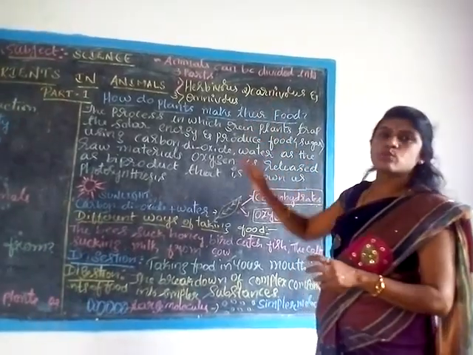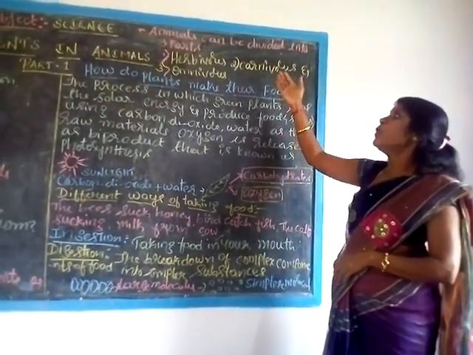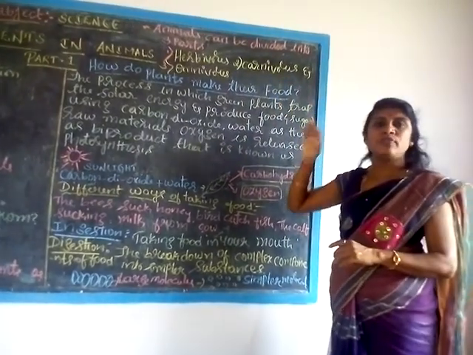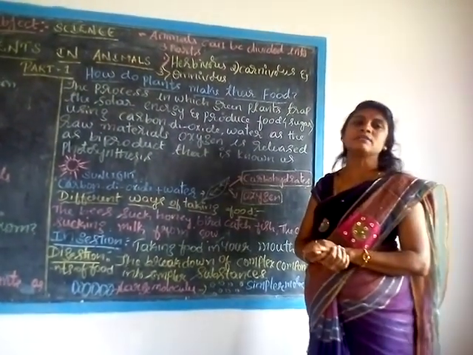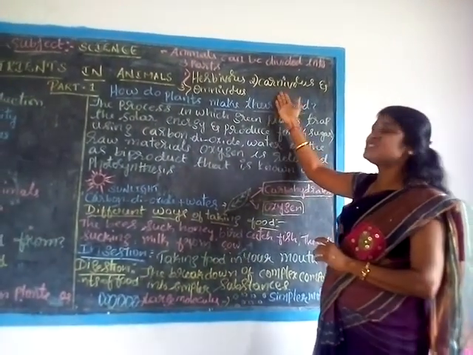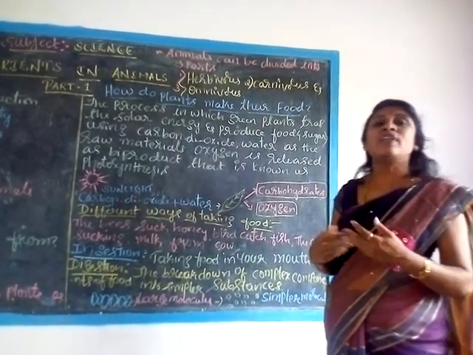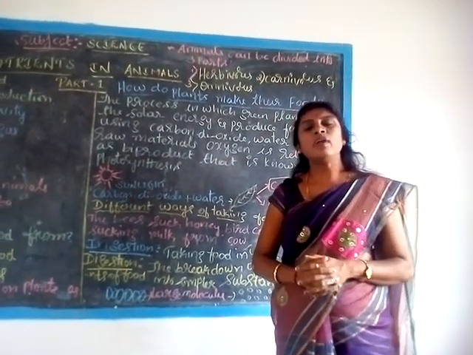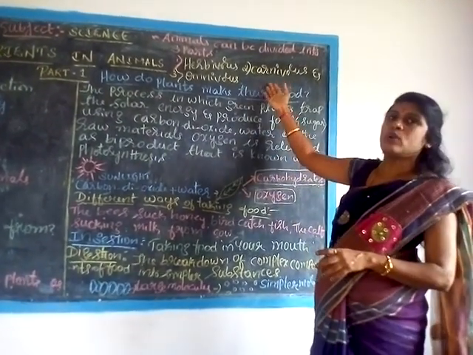And carnivores. What are carnivores here? Carnivores are the animals which depend on the flesh of other animals, or which eat the flesh of other animals. They are also called flesh-eating animals. Which is the best example for carnivores?